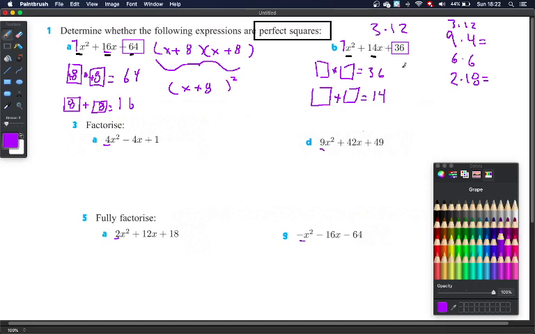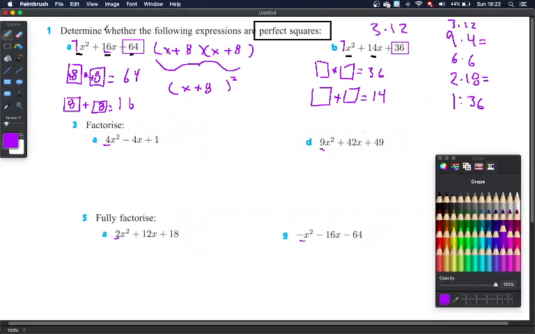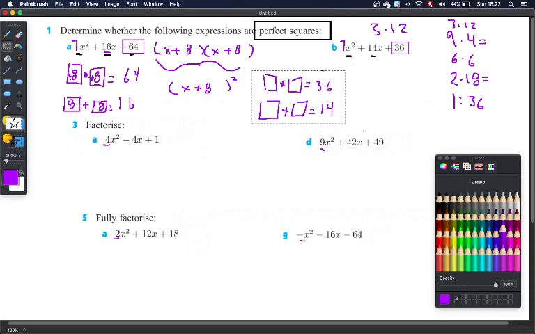So in this case, we only have 1 times 36 left, okay? So if this is the case, I'm starting to wonder if this even can be factored. So in this question, it says determine whether the following expressions are perfect squares. So because I tried to do the box method in this one, I don't even know if it's a perfect square yet. So let's figure out if it is a perfect square.